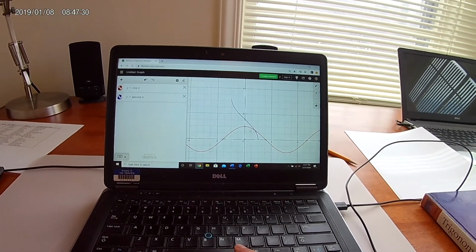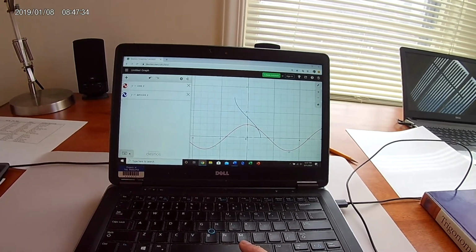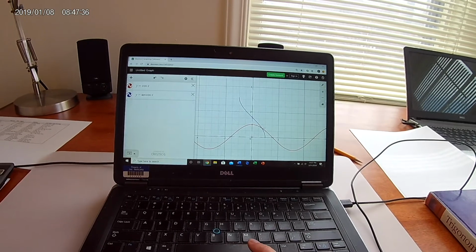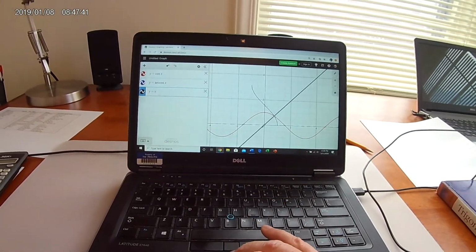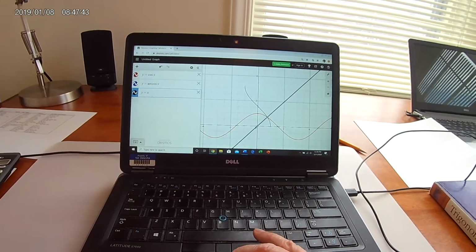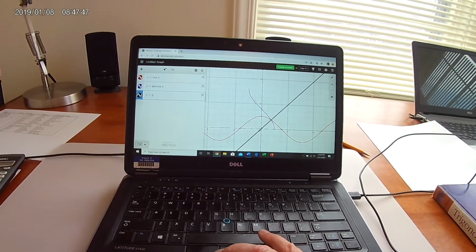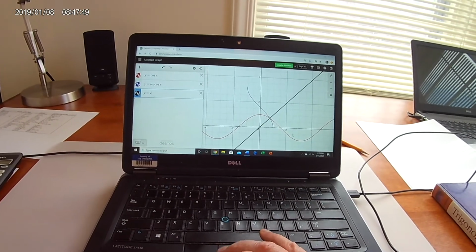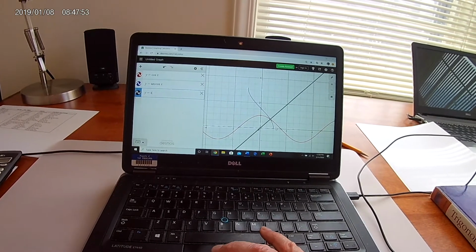So we restrict the domain of cosine x from 0 to pi, and then we reflected about the line. Let me put a line y equals x here. Do you see how, in a weird way, the inverse cosine of x is the reflection of this restricted segment about y equals x? So this is our inverse cosine of x, the graph of it.